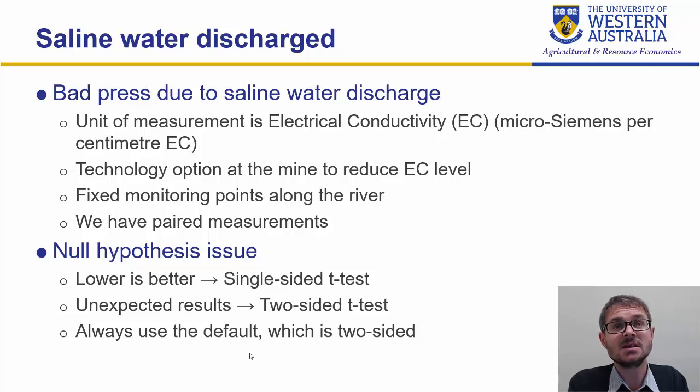My view is that this allows us to pick up unexpected results, and this is based on my experience. Other people have their own experience and have come to different conclusions about single-sided and two-sided tests. I guess the upside for us is that it makes learning steps much, much simpler. So we're always going to do two-sided tests.